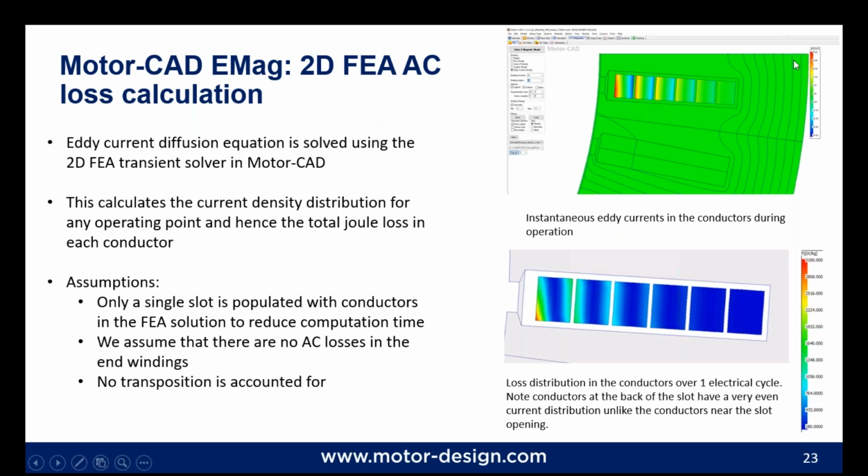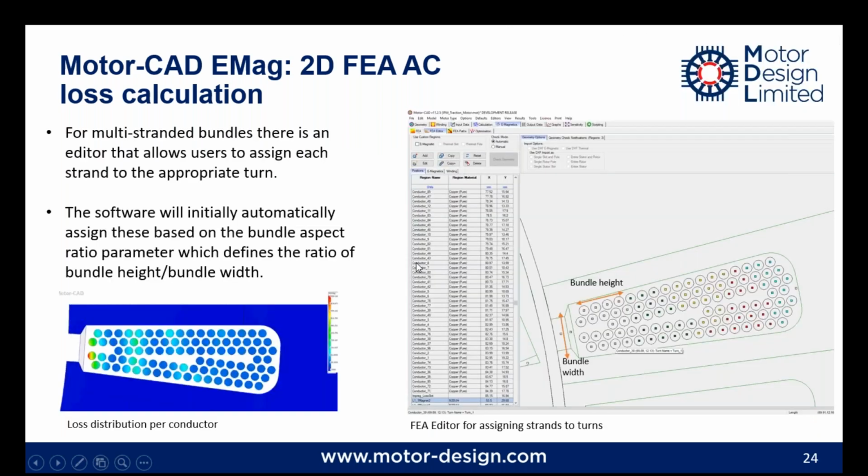What you can see in both of these images is that, as we expect, the AC losses and the uneven current density distribution are much higher nearer the slot opening. So the AC losses distribute themselves unevenly in the slot, whereas in the conductors nearer the back iron, you've almost got a DC excitation there, so hardly any uneven current density distribution.